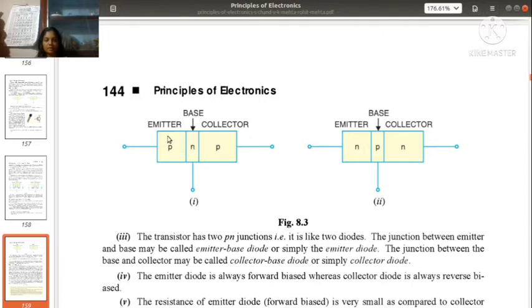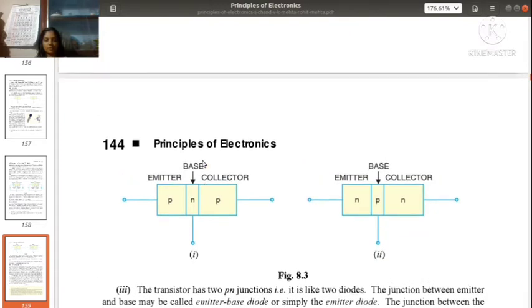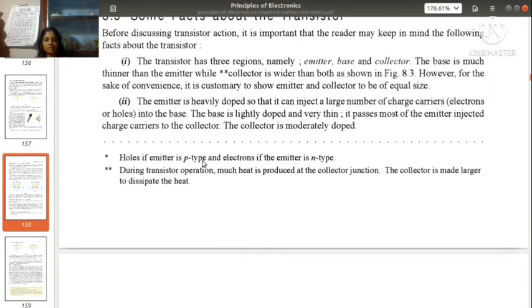So in a transistor, the collector region is the wide region and the emitter is less wide than collector, and base is the thin region. But usually we will picture it as the same width, that is emitter and collector as the same width. That is the usual picture, but actually this is the case.